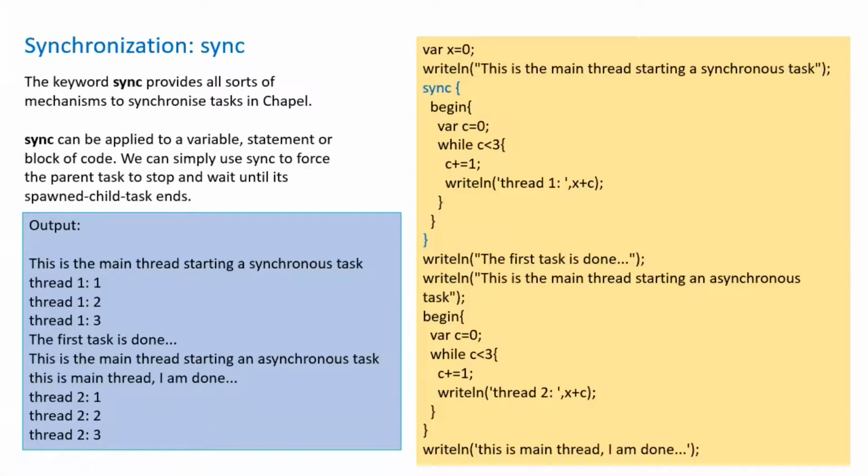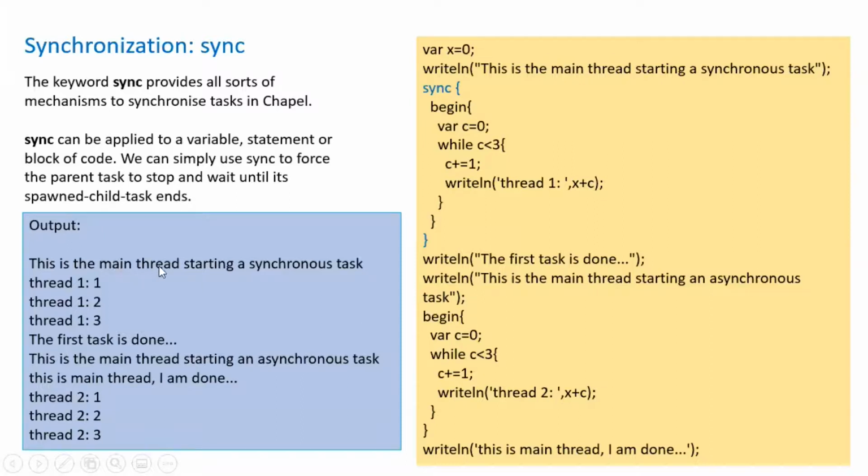You can simply use sync to force the parent task to stop and wait until its spawned child task ends. Take the same code as just now, which comes with no order. If you add the sync statement here, this will always run, and this will have to wait. If you do both of them, they will do both.